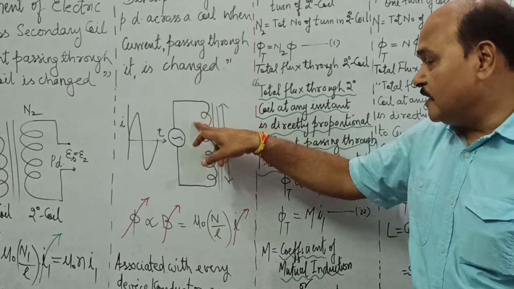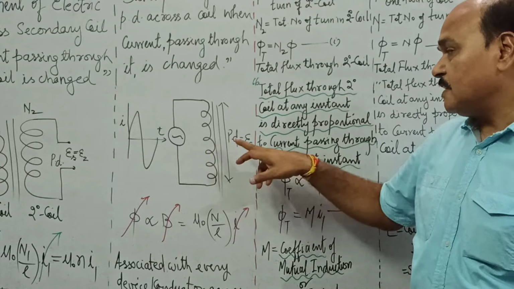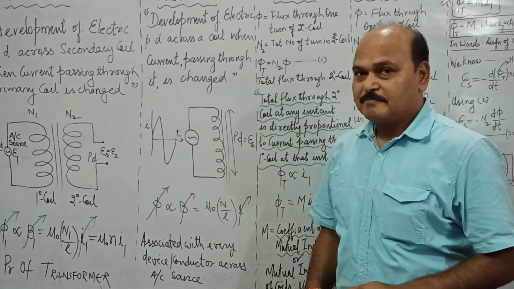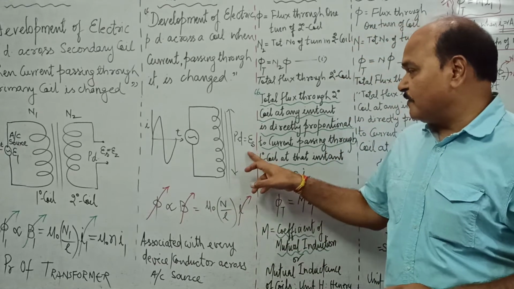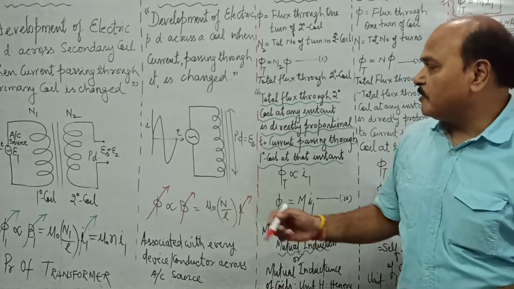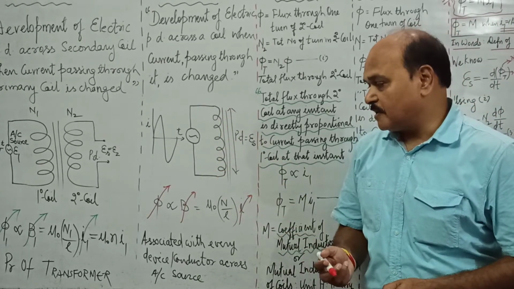Therefore, induced EMF is produced in the same coil, and this induced EMF is called self-induced EMF. It is also called back EMF. This self-induced EMF is the EMF induced because of the variation of flux, which is ultimately brought about by variation of current.